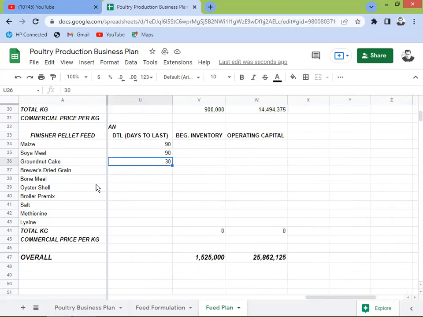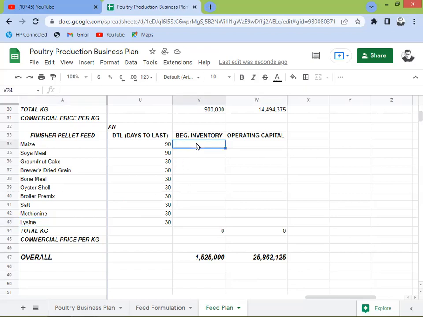So these are available from local production. So we'll just copy all the way down to lysine. These two, methionine and lysine, are a good source of amino acids, the building blocks of protein.